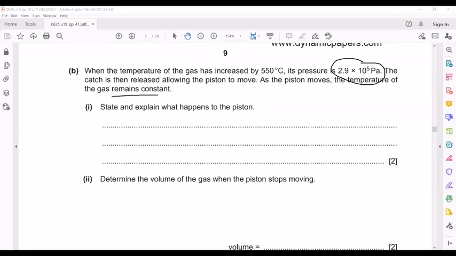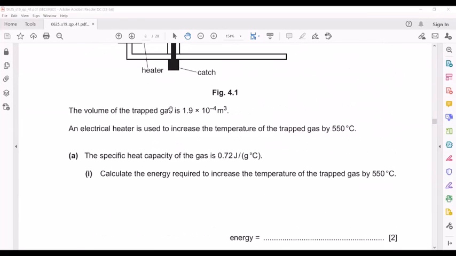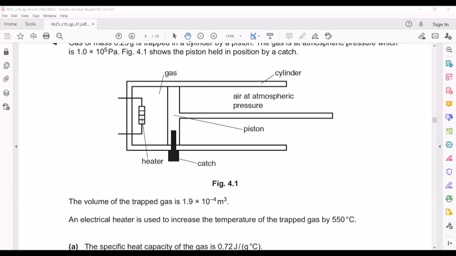Initially, the pressure was only 1 exponent 5 Pascal. The outside pressure is 1 exponent 5 Pascal, that's the atmospheric pressure. So the inside pressure was also the same, and the catch was keeping it in the same position. Now when we remove this catch, the inside pressure is about 2.9 exponent 5 Pascal.